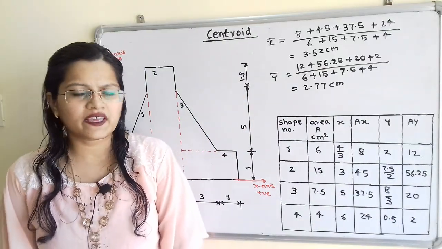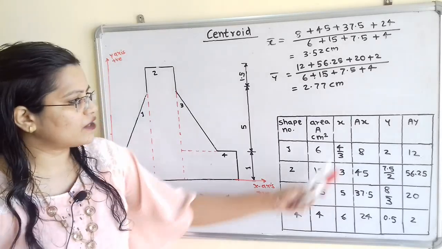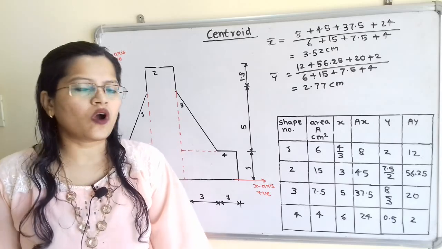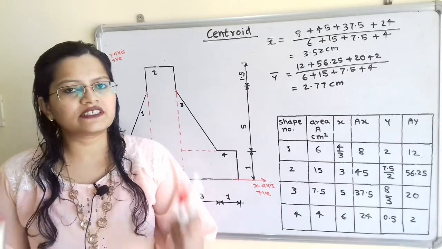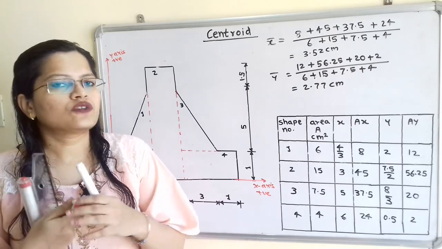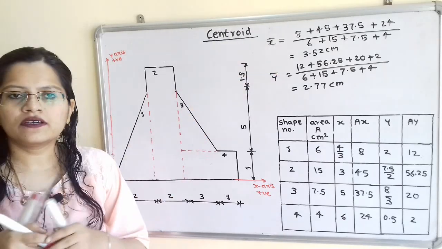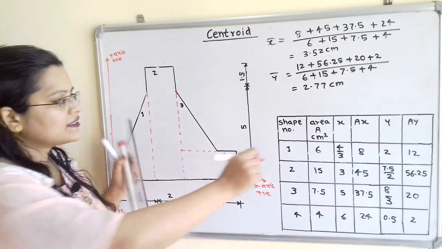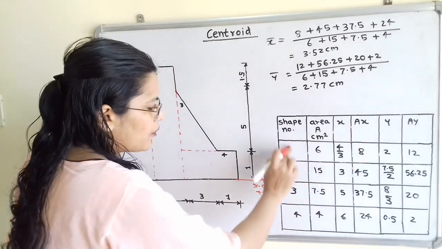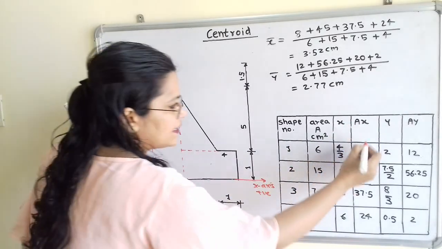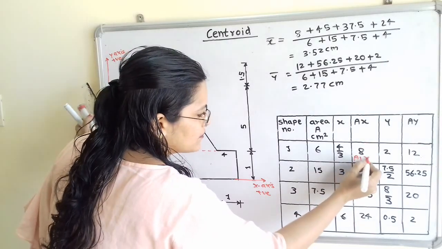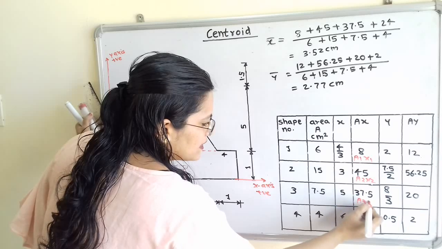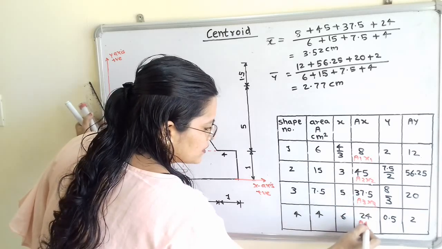For shape number 3 and 4, we have calculated values of ax and ay. Now we will move to calculate coordinates of centroid G, that is x bar and y bar. So how to calculate this x bar? For that we have to add these values of ax for the 4 shapes, that is a1 x1, a2 x2, a3 x3 and a4 x4.